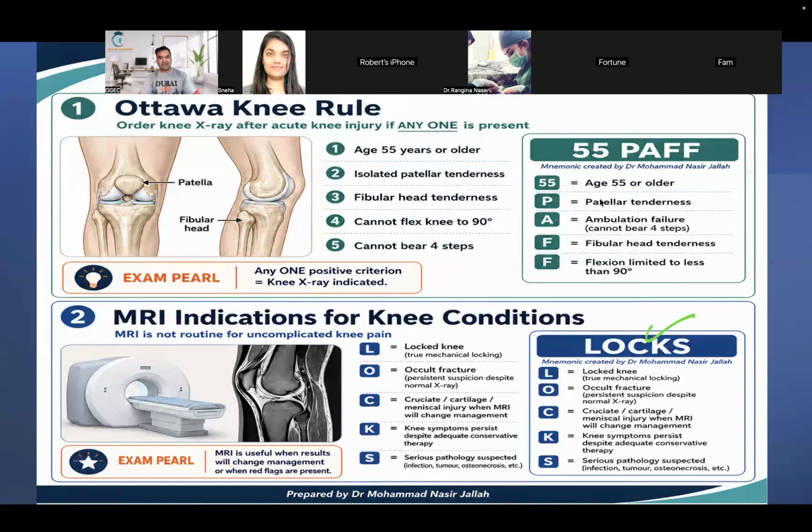You don't find anything in the imaging, but the patient is getting worse and worse, so you need to do MRI, right? S, serious pathology, suspect infection, tumor, osteonecrosis. So remember, what is the Ottawa knee rule? 55 PAF. And what is the indication for MRI of the knee? LOCKS. And it starts with a locked knee.